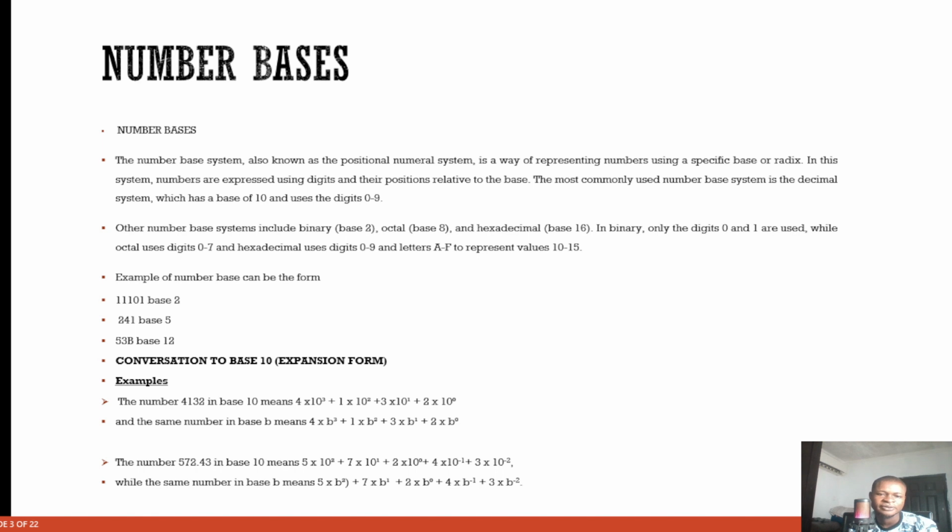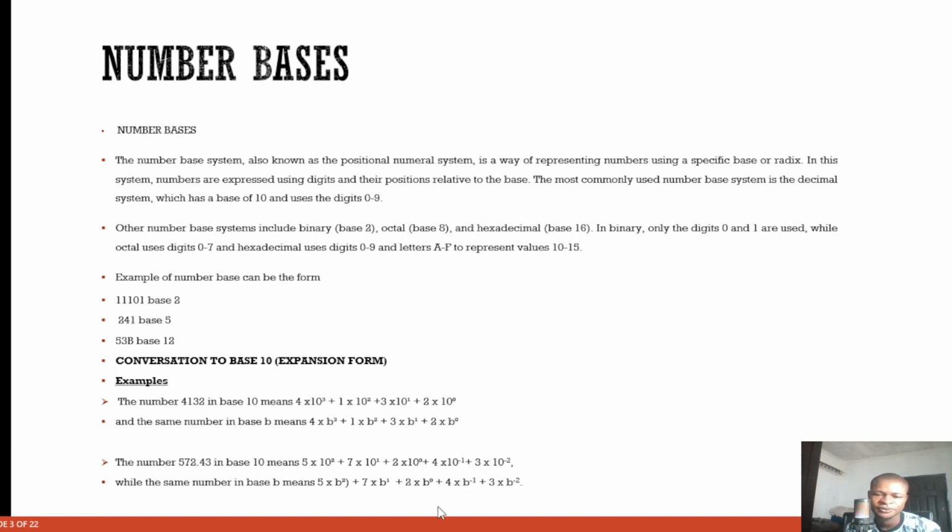Whenever we want to convert 4132 or any number that is not in base 10 to base 10, I use expansion form.